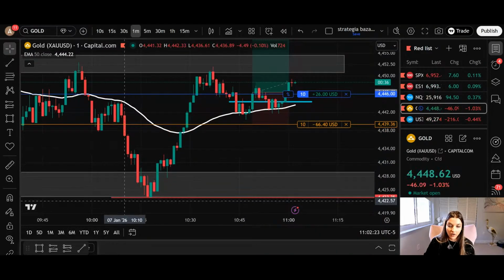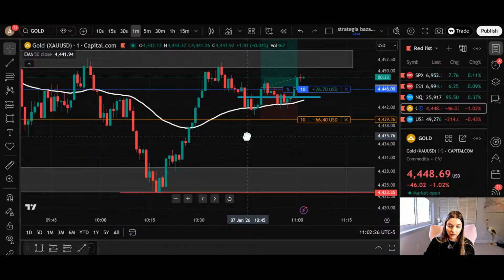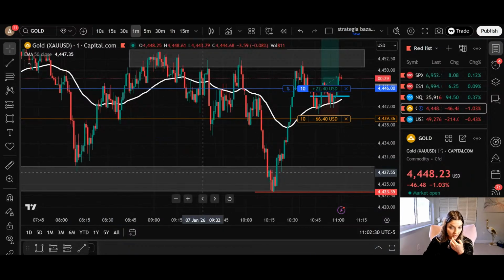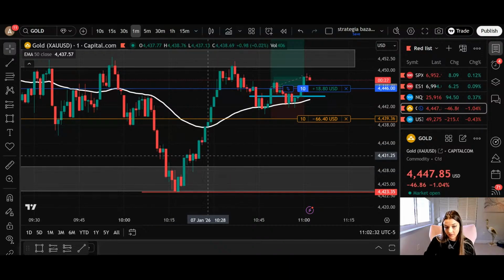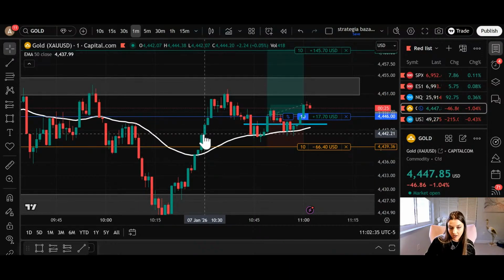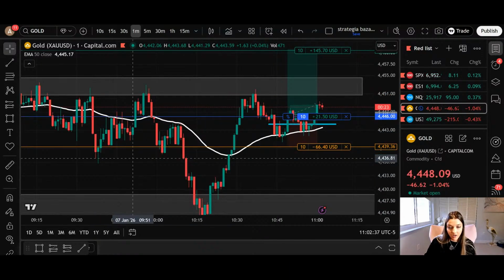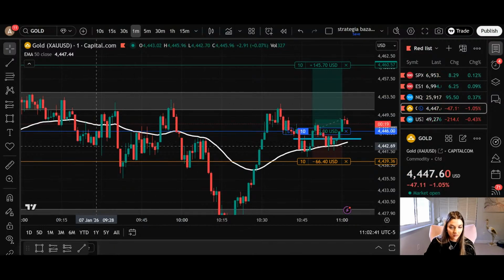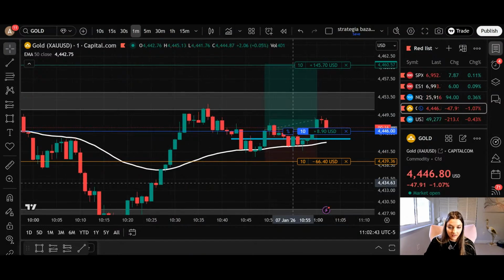The reason why I got in this trade was because this was a previous support area. The price did reject it and went above the EMA, but the EMA, you could see it's choppy right here. It didn't act as anything.